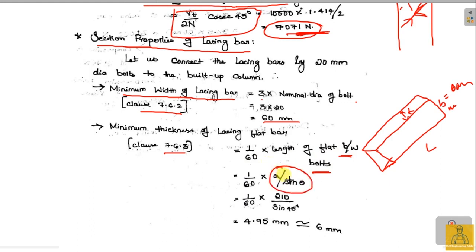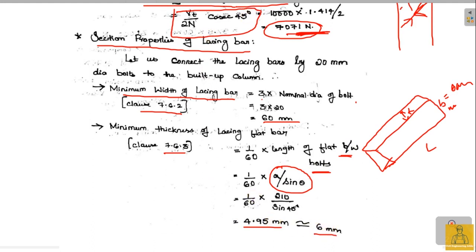Once again, we have seen the derivation of these equations in the previous problem. Please go through that problem if you are not aware of how this equation has come. The length of the flat of this lacing bar between bolts is A by sin theta, which will give you 4.95, which will be rounded off to 6 mm.